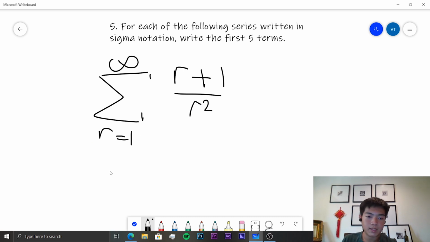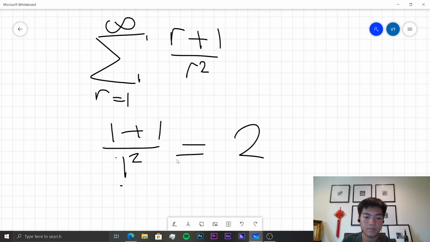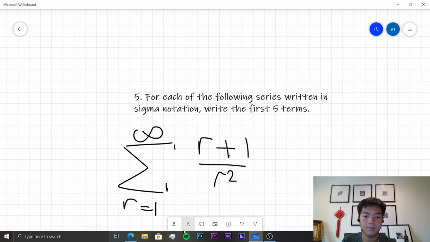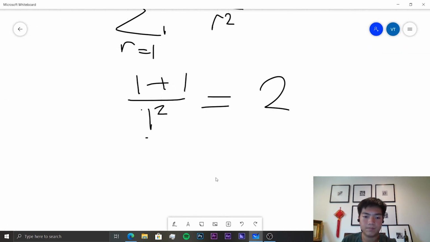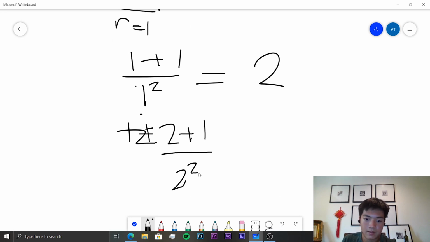So the first term is 1 plus 1 over 1 squared, which is equal to 2. The second term will be 2 plus 1 divided by 2 squared, equal to 3/4.